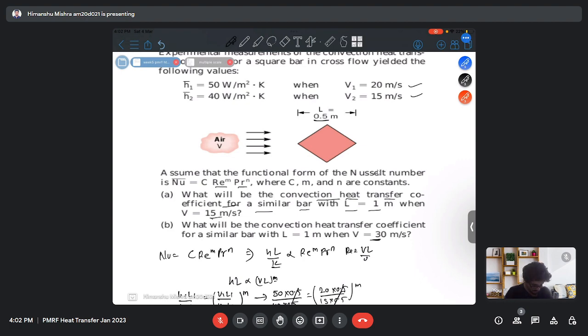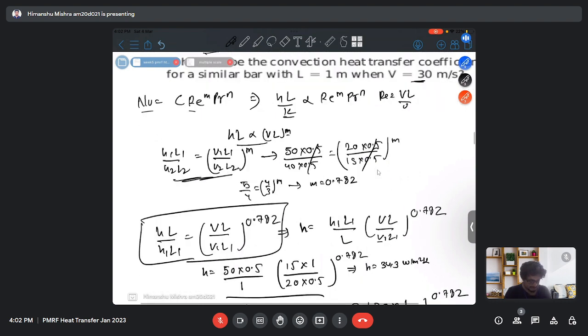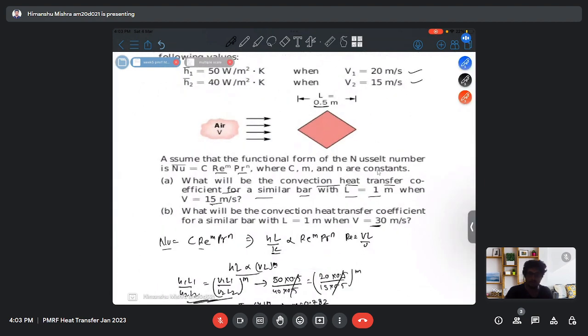So when we expand the Nusselt number and the Reynolds number, we got the heat transfer coefficient as a function of velocity and length. So we define some specific relation, which is given in terms of m also. We found m by using the data which is given in the question.